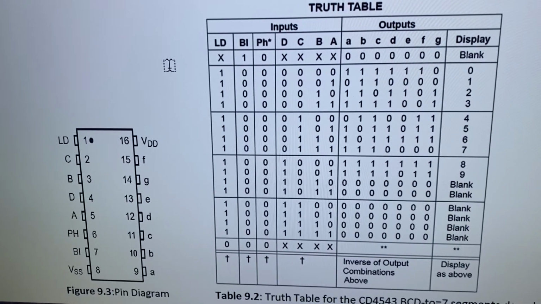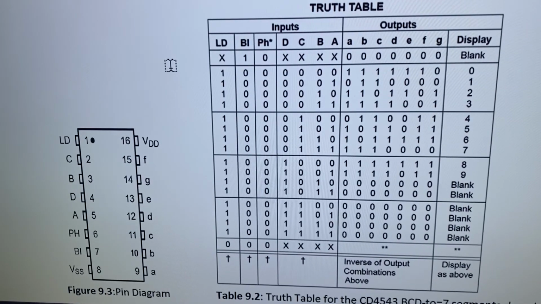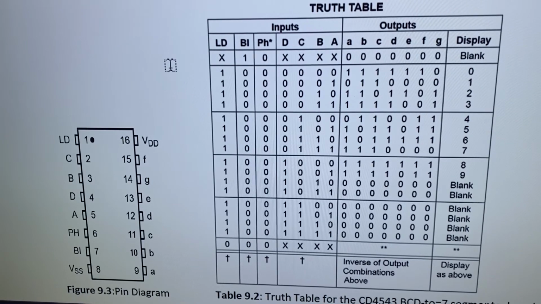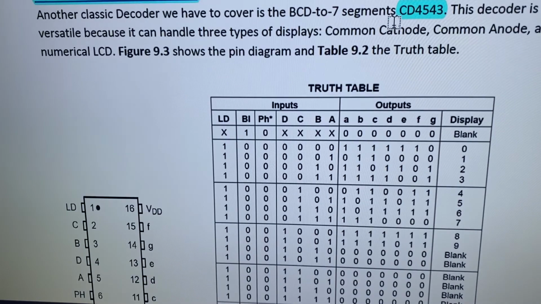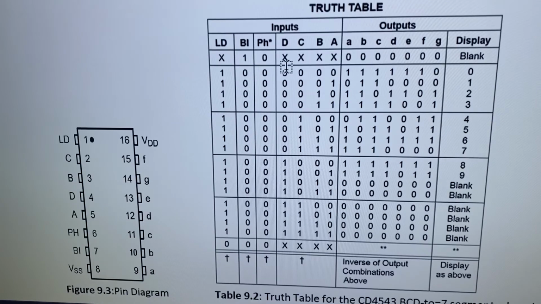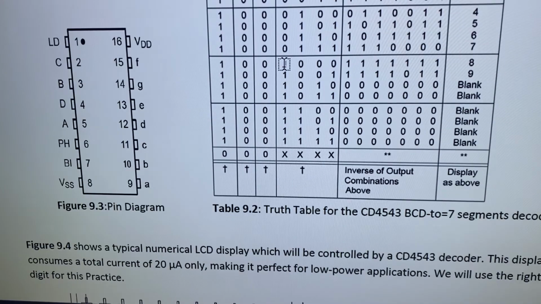If you are working with another type of display, you just select it with the phase input. You don't need to get the correct decoder. So the 4543 is versatile in this type of application.